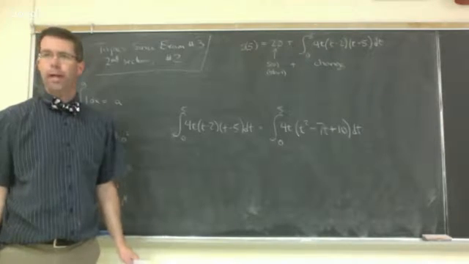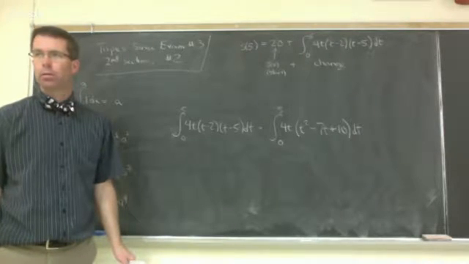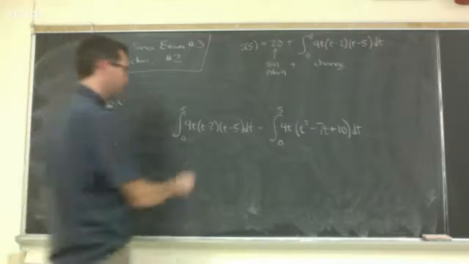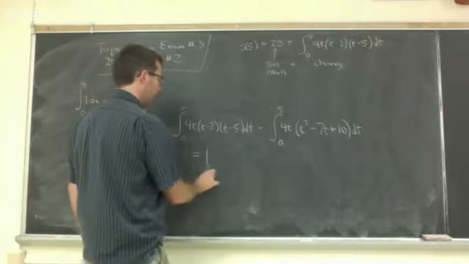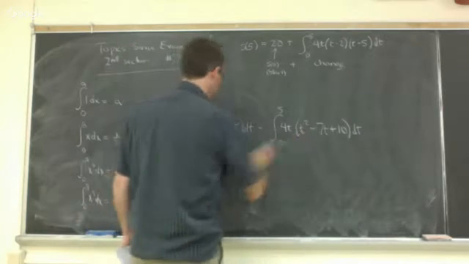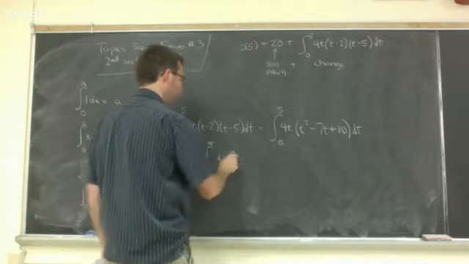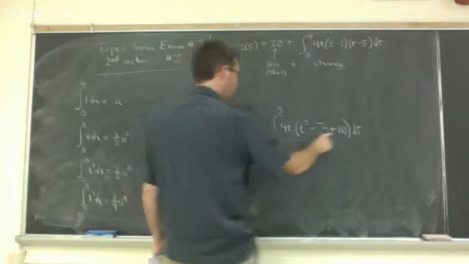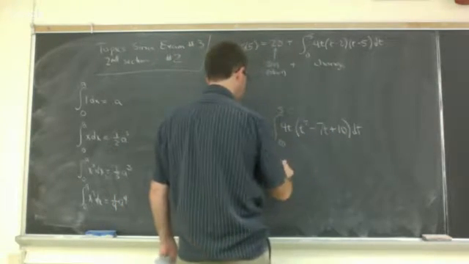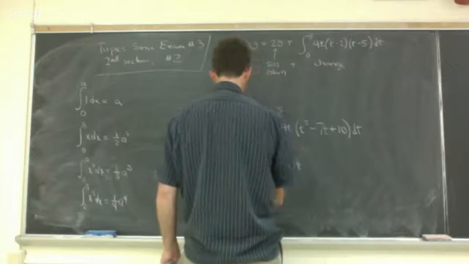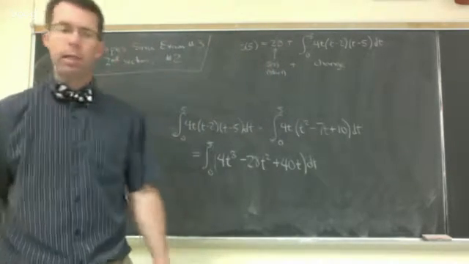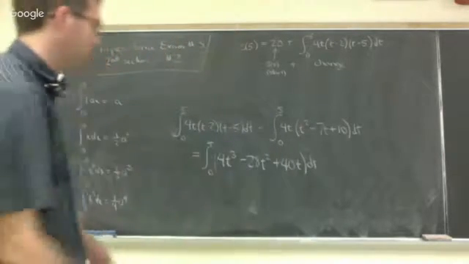Can I use the formulas yet? No, because it's still multiplying. I need only addition for linearity to work. So I have an integral from 0 to 5 of 4t cubed minus 28t squared plus 40t, and now I can split it up using linearity into 3 parts.